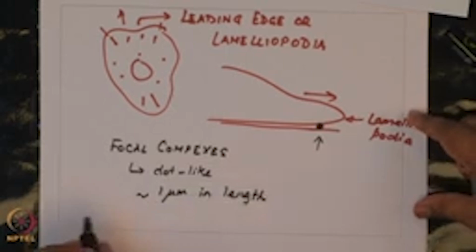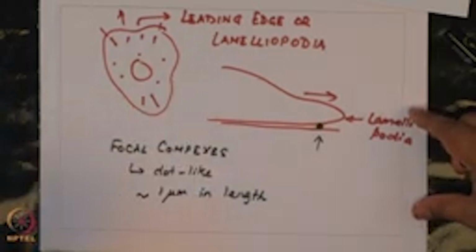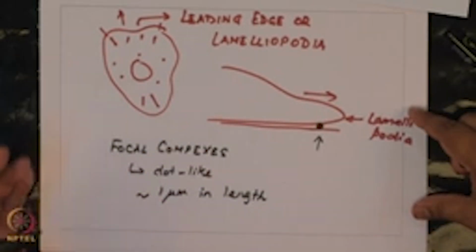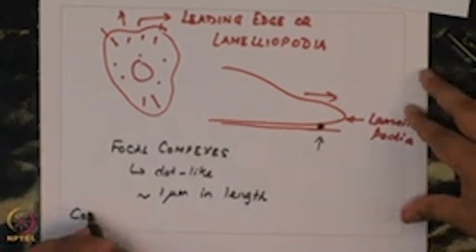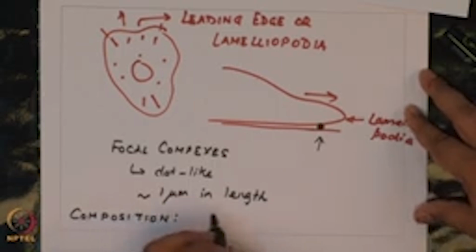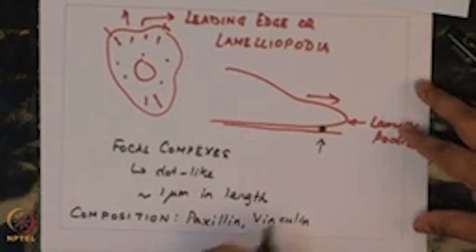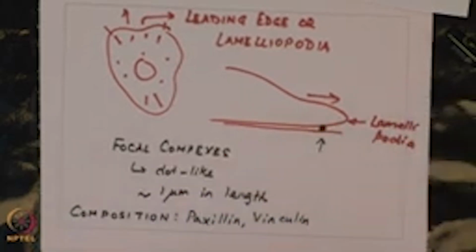Morphologically these adhesions differ and compositionally also they differ. In terms of composition, these are enriched in paxillin and vinculin. These are the smallest adhesions that you can have at the periphery of the cells.